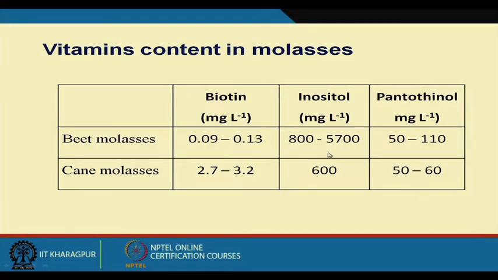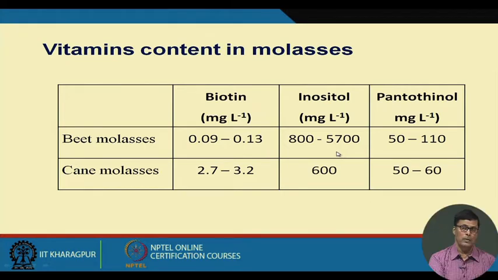Then inositol: if inositol is absent, then the organism is slow to ferment sugar. That is undesirable. And pantothenic acid: if it is not present, then your organism easily undergoes autolysis. That is also undesirable. The percentages of these vitamins vary between beet molasses and cane molasses.